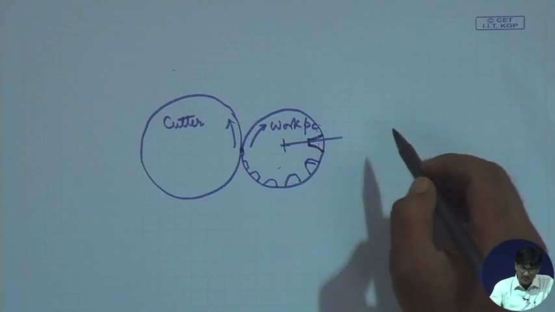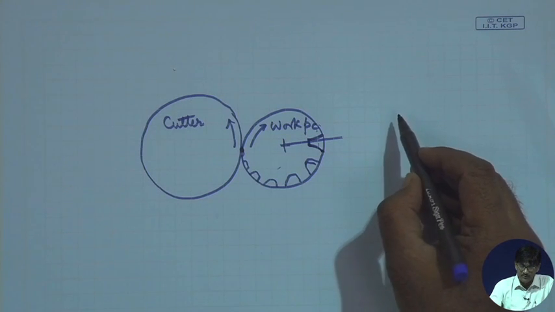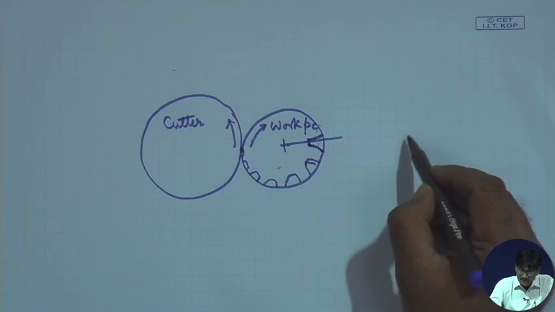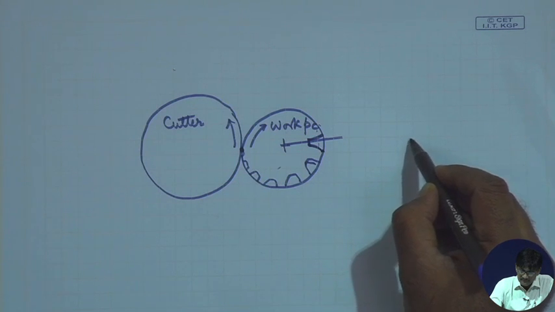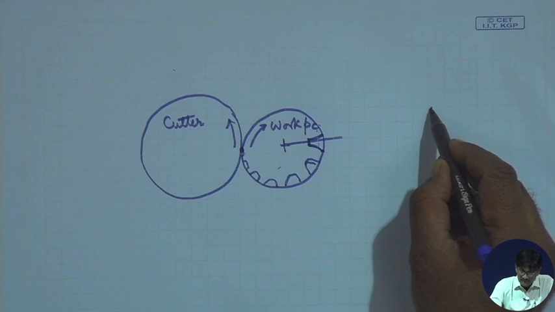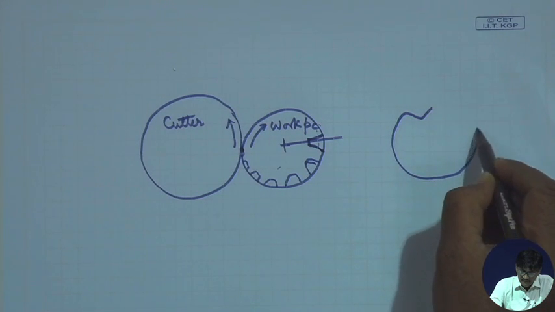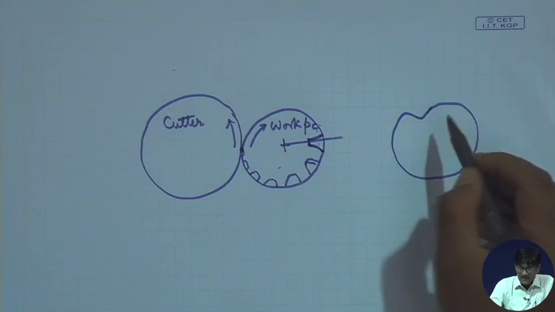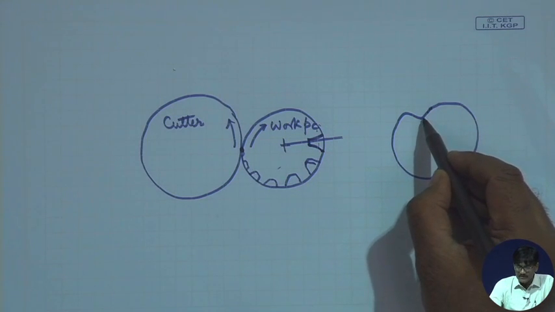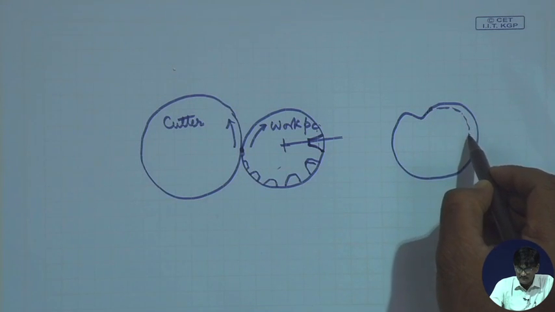This can be provided by a cam. How does the cam look like? It might be looking like this. So, in this cam, first of all, this is the base circle.